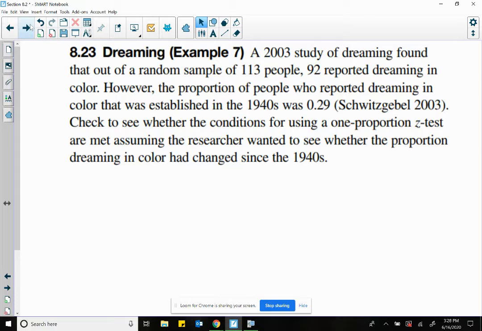Check whether the conditions for using a 1 proportion Z test are met, assuming the researchers wanted to see whether the proportion dreaming in color had changed since the 1940s. We don't have to worry about the hypothesis. We want to check the CLT. Go ahead and pause the video and check it now.